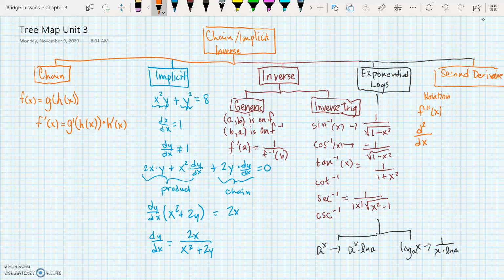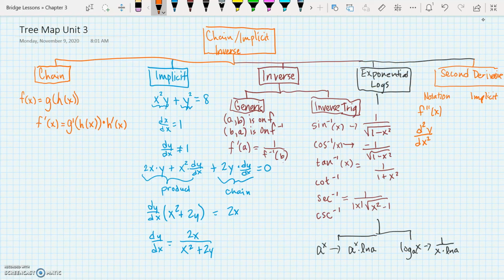So we're going to do that twice, and that looks like an exponent, but it isn't, of y. Okay, so that's the notation for second derivatives, and then we also did implicit second derivatives. And when you do an implicit second derivative, you just have to make sure that you do substitution for dy dx when you take the second derivative.